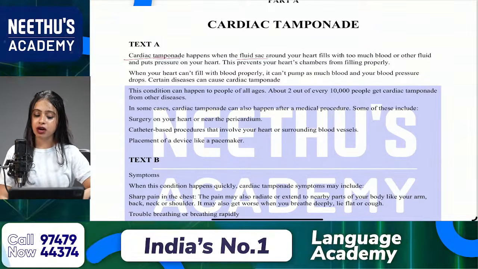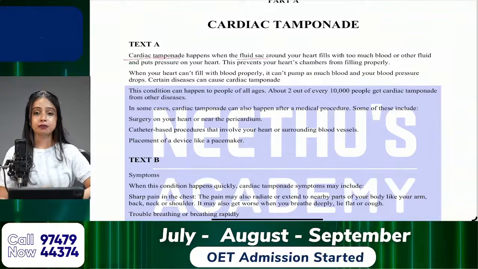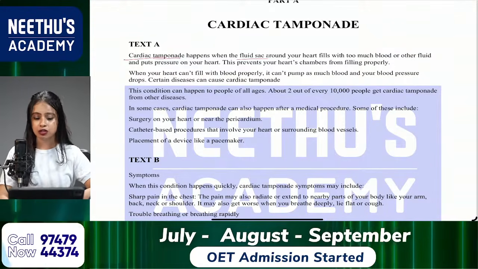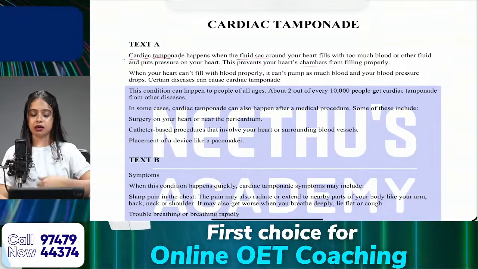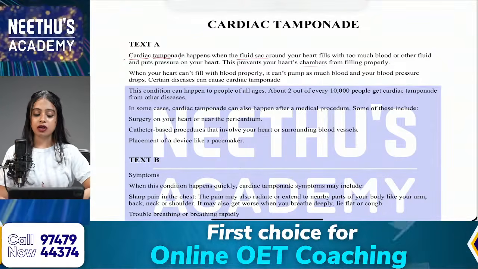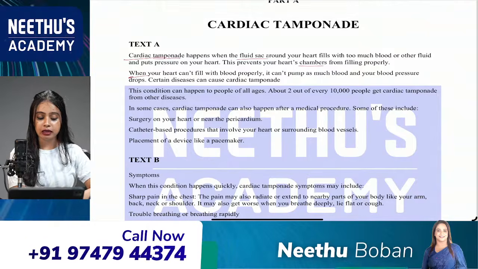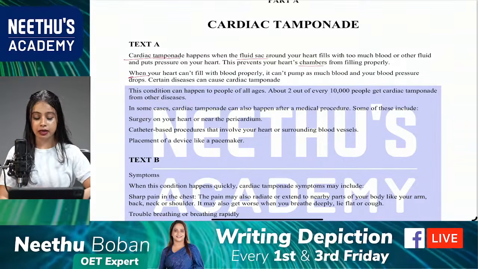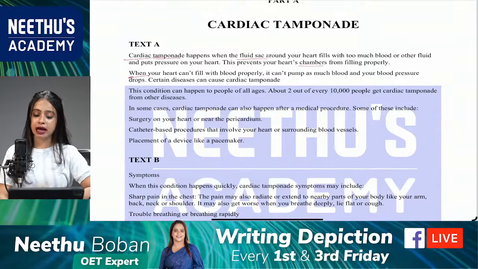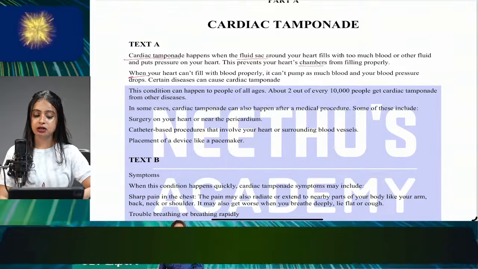This prevents your heart's chambers from filling properly. So I'm marking the word chambers, the name of some part or equipment. Then the word when, which indicates time. When your heart can't fill with blood properly, it cannot pump as much blood and your blood pressure drops.